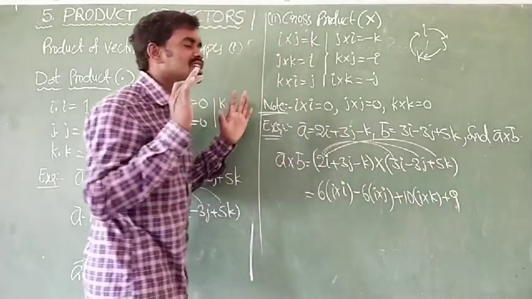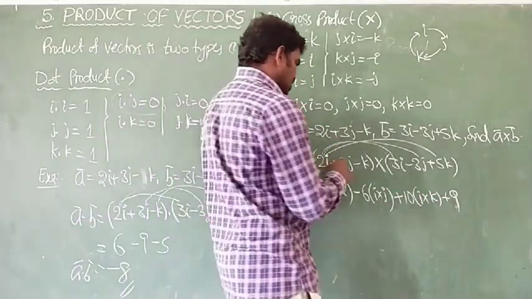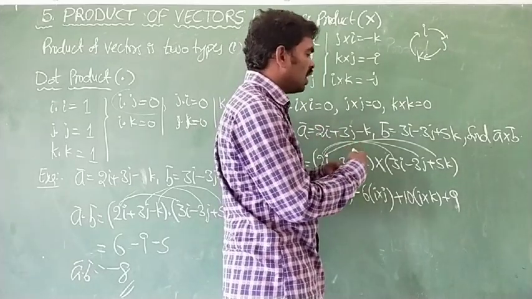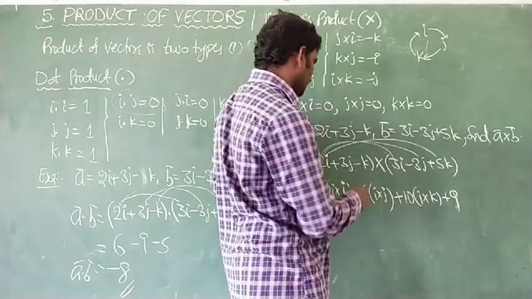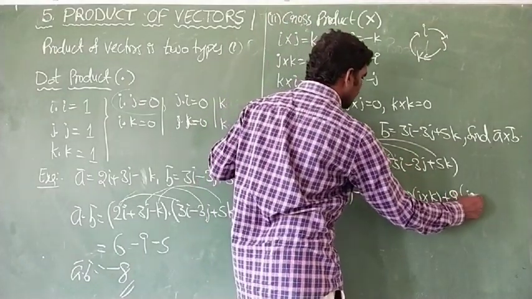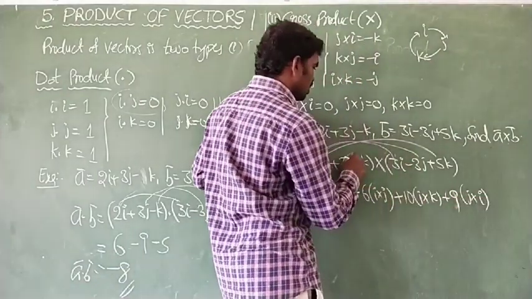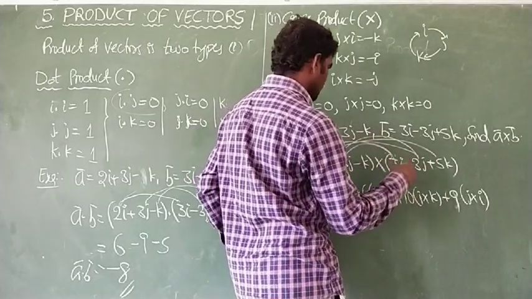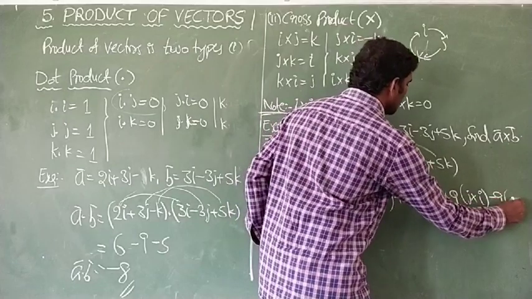Actually, the dot product is easy. In the cross product we should do cross multiplication with each and every term. 3j with 3i, 3 times 3 is 9, j cross i. Next, 3j with minus 3j becomes 3 into minus 3, minus 9 j cross j.